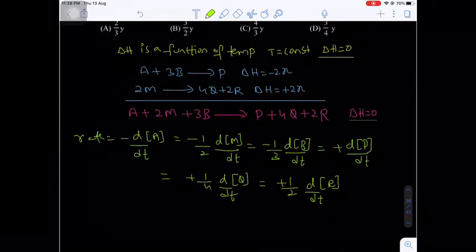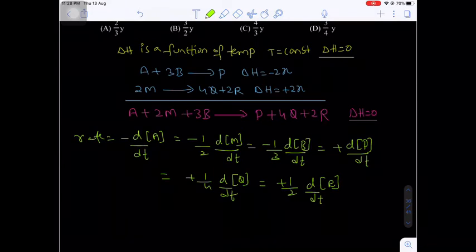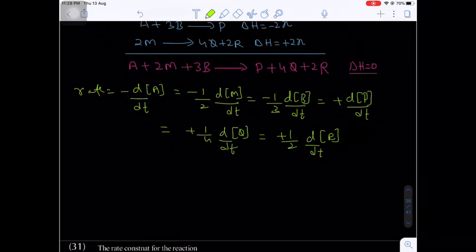With respect to reactants, concentration decreases, that's why there is a negative sign, and with respect to products, rate increases, so there is a positive sign, and we write the stoichiometric coefficients in the denominator.